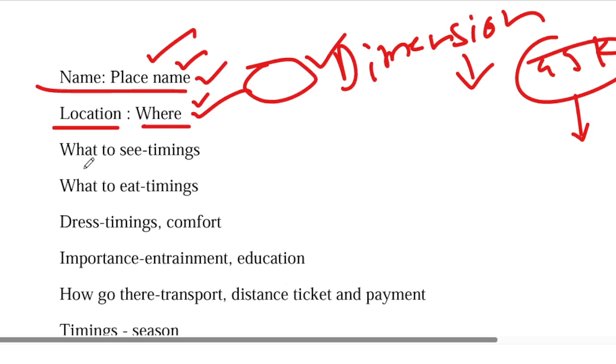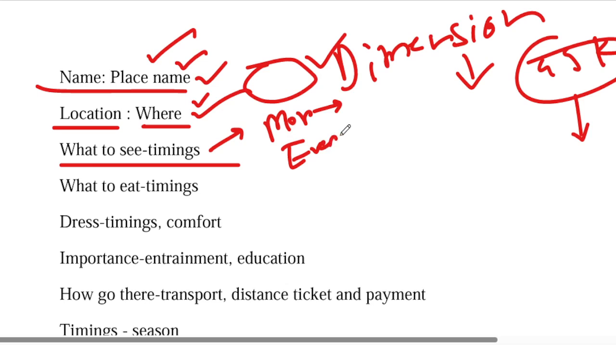And then you can talk about what kind of things you can see out there. You might see different kinds of things. And you can also maybe divide it into time. First, say if you go to a place in the morning time, what you see, maybe in the evening time you see different things.